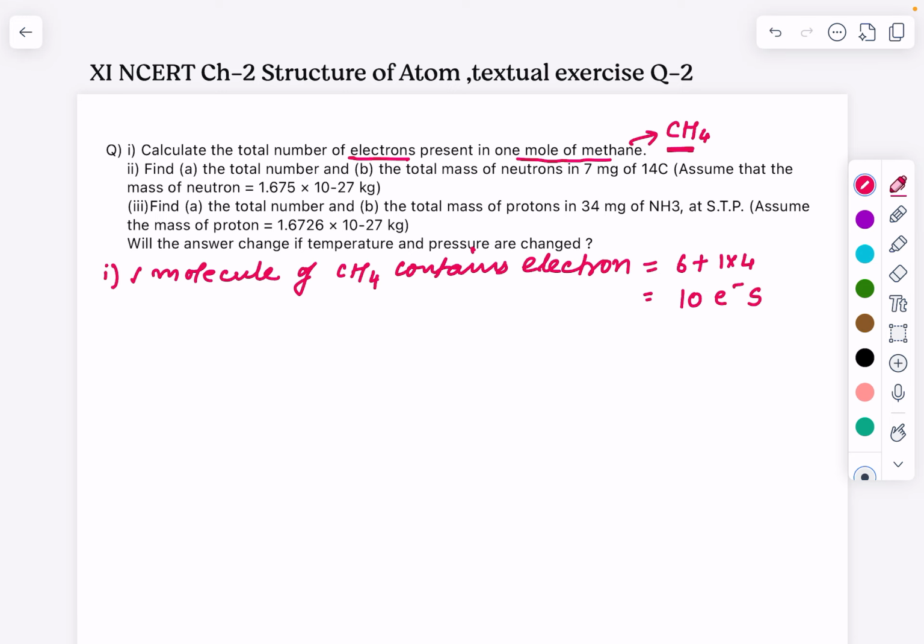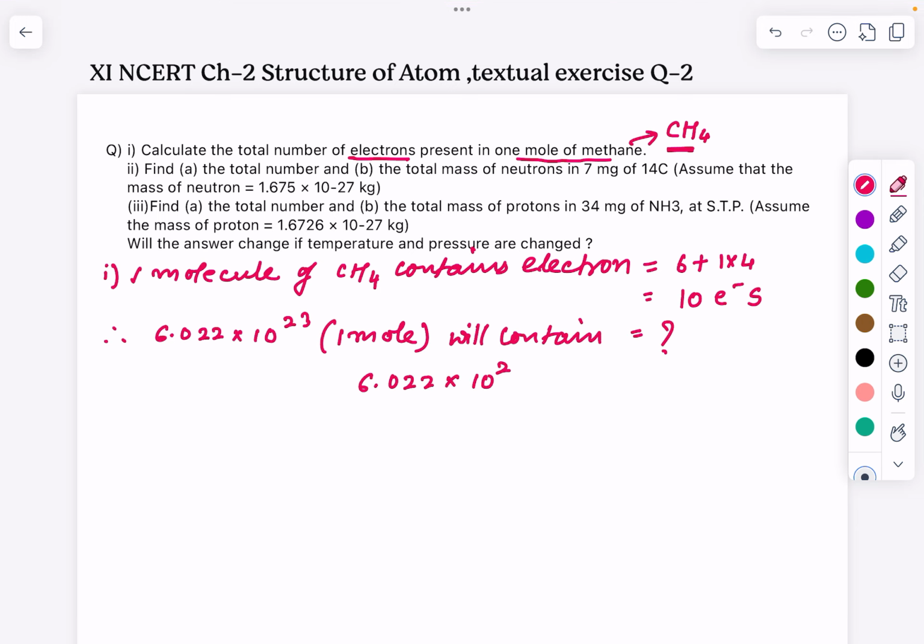Now we are aware 1 mole is Avogadro number, that is 6.022 into 10 to the power of 23, which is nothing but 1 mole. That will contain how many electrons, that we are asked to find out. So just multiply 6.022 into 10 to the power of 23 with these 10 electrons.